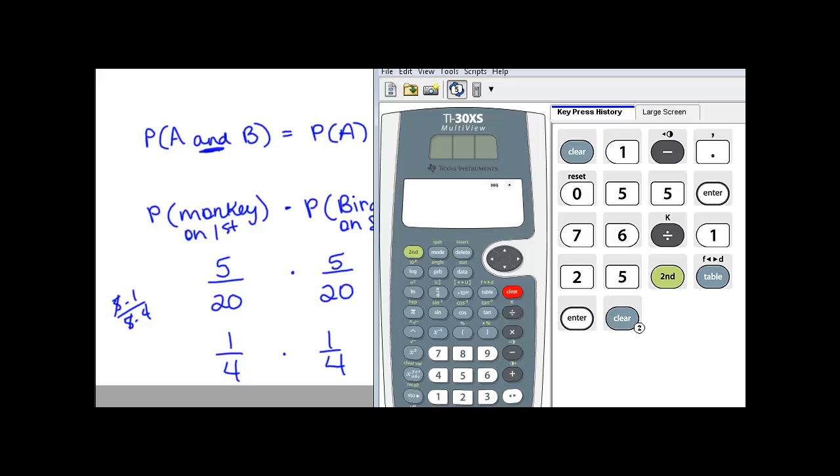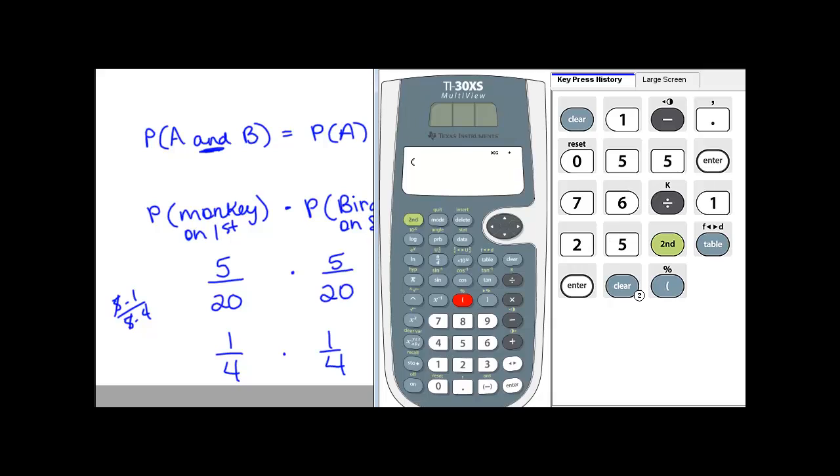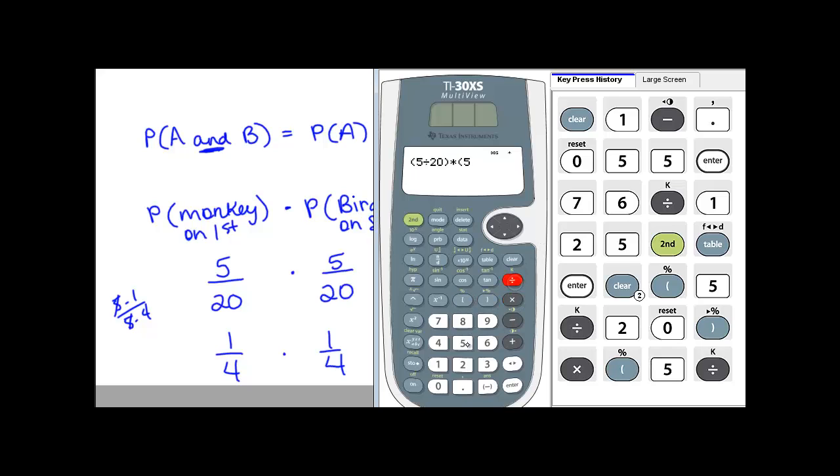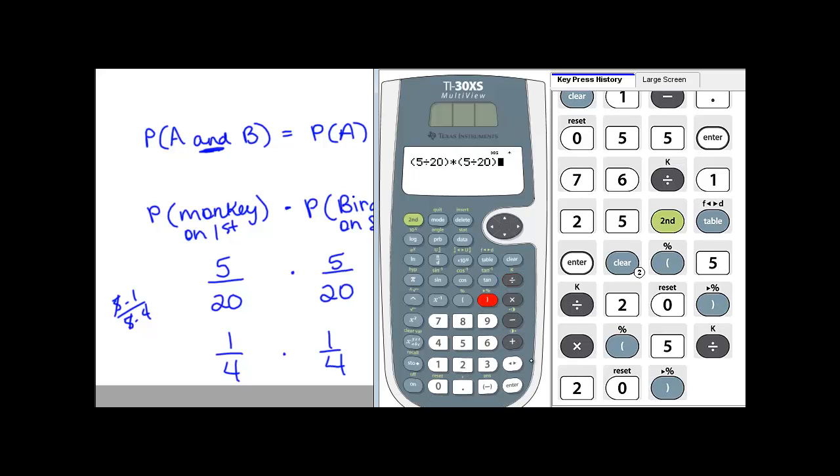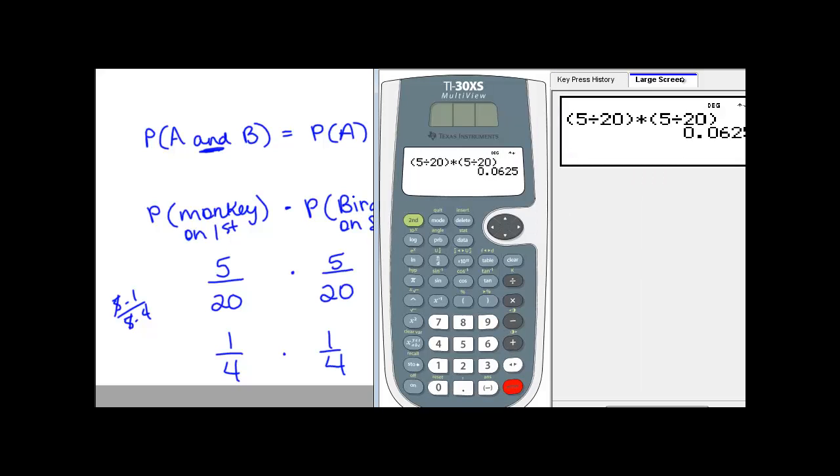You could use your calculator, and even before simplifying we could have, let me move this up so you can see it a little better, 5 divided by 20, so 5/20 times 5/20 equals 0.0625, but you'll probably be asked to give this answer in fraction form.